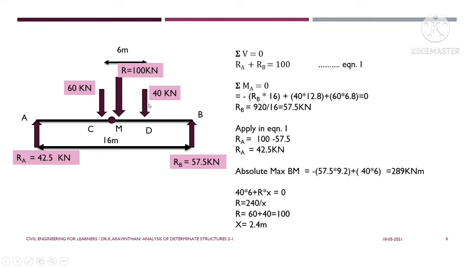I know that 60 plus 40 is 100 kilonewton, and taking the 60 kilonewton as point C and the 40 kilonewton as point D, I want to locate it at a certain distance so that the same moment will be caused by the two loads.